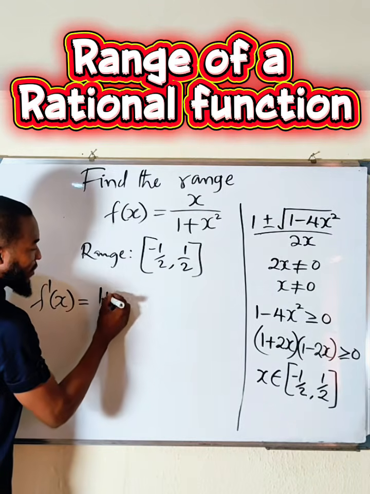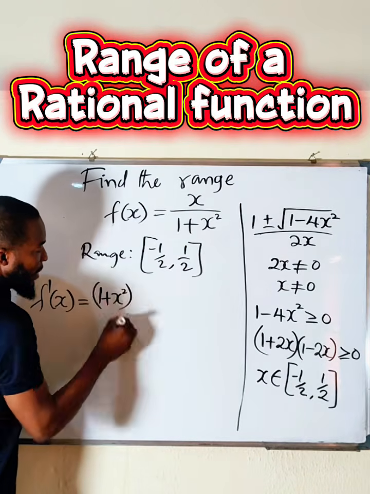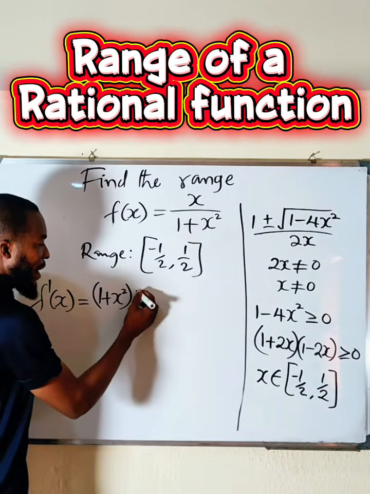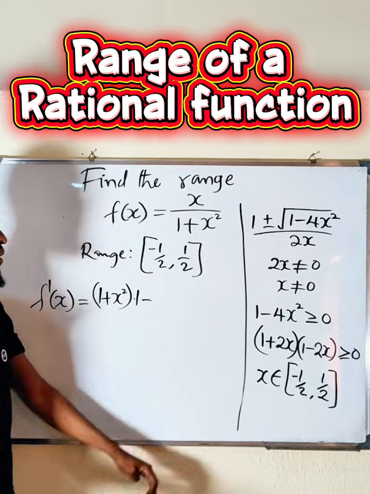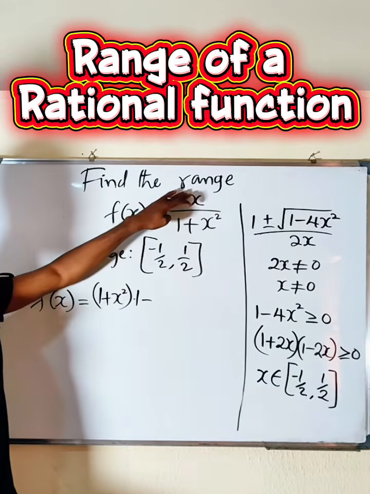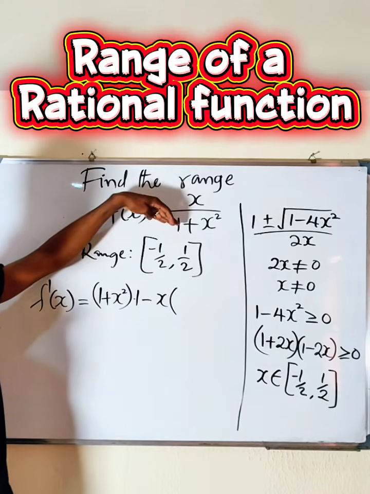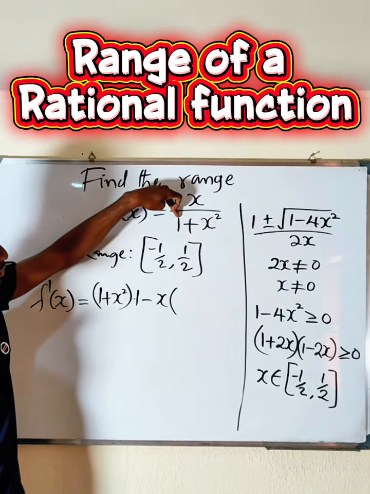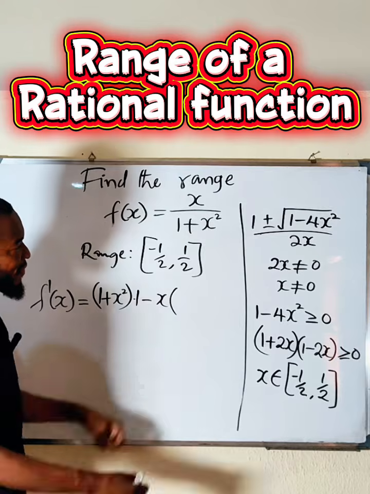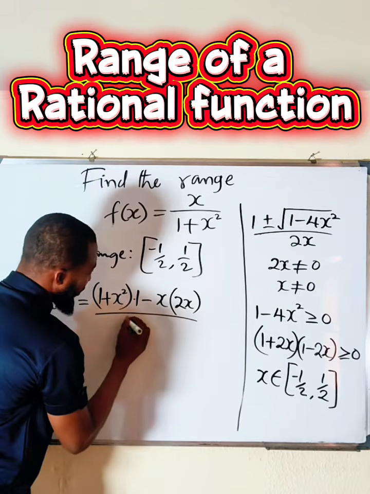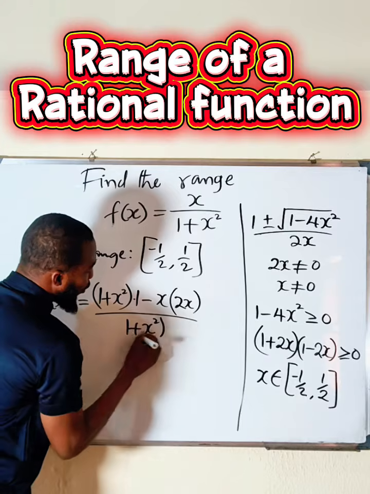Bottom, which is 1 plus x squared, times the derivative of the top. Derivative of x is 1 times 1 minus top, which is x, times the derivative of the bottom. The derivative of the bottom will be, derivative of this is 0, derivative of this is 2x. Divide by the bottom squared, that is 1 plus x squared all squared.